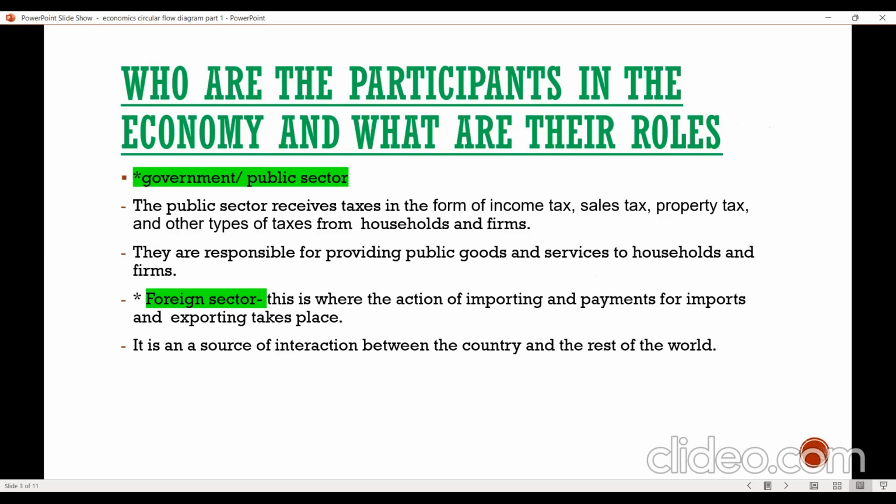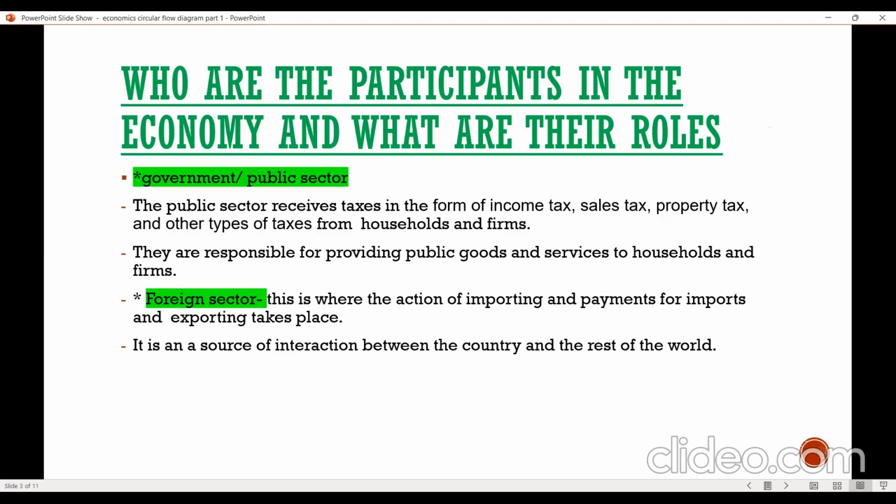It then uses these funds to provide those public goods and services. What happens if these funds are not enough? Now, the government borrows. Please note, when the funds that the government receives to provide public goods and services are not enough, it then borrows.